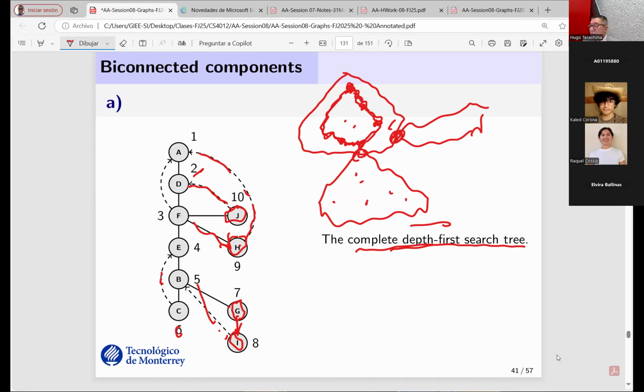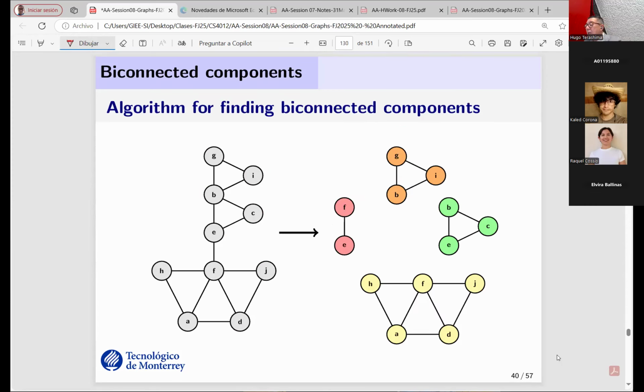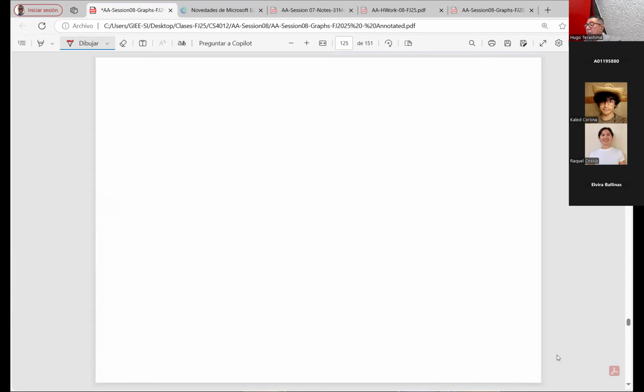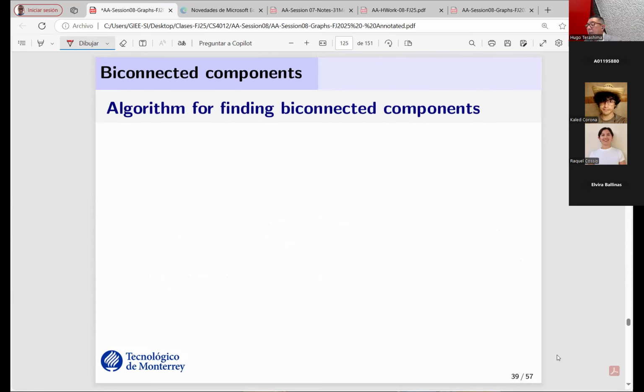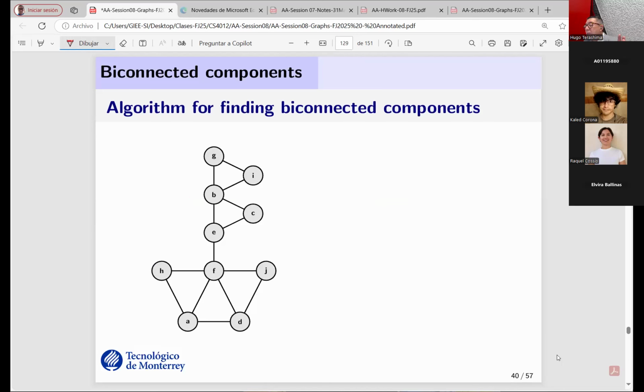And the other thing we are going to do in the first phase is to include, I'm sorry, an additional number, an additional label for each node. So one is the order of the search, and the other one is going to be called the back. And the back is a number also.